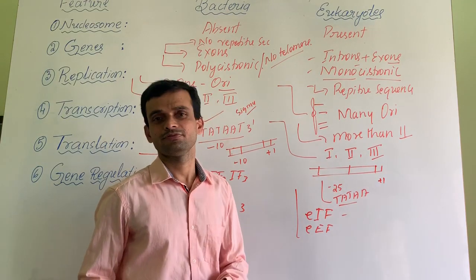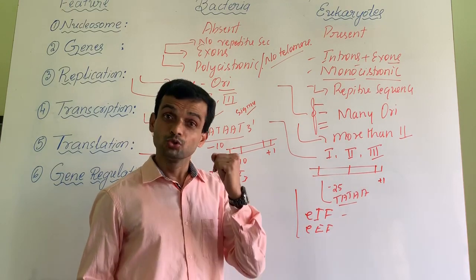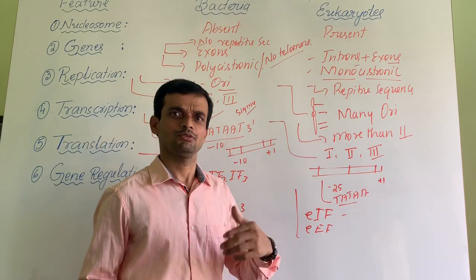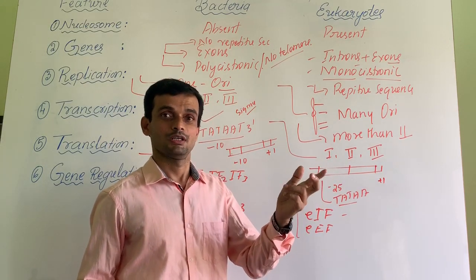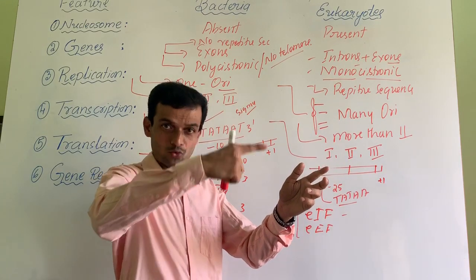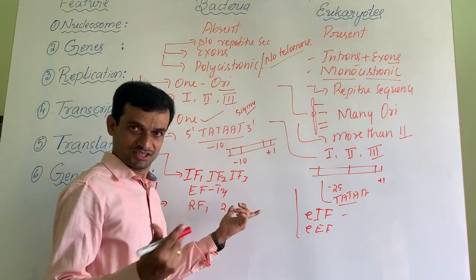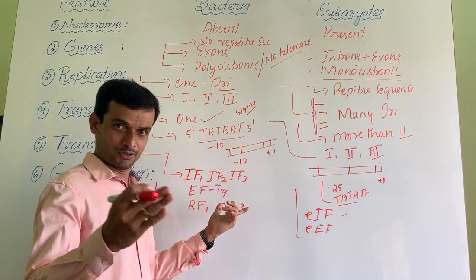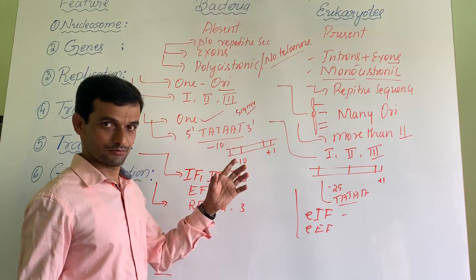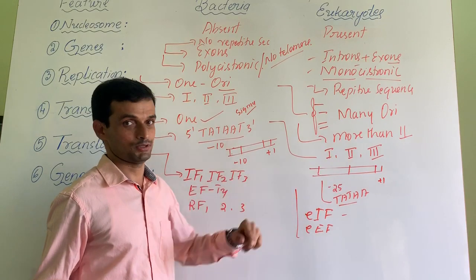Do you think this type of regulation exists in eukaryotes? Eukaryotes will have enhancers, many other types of regulators and many factors. They will form loop-like structures. So there is no such regulator gene or operator gene. So the mechanism of gene regulation at the transcriptional level would be different in eukaryotes.